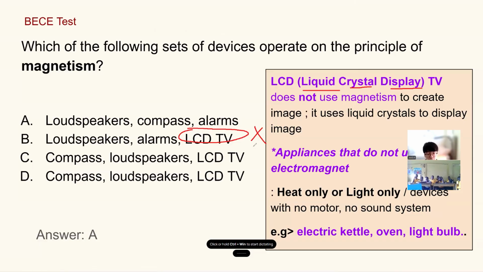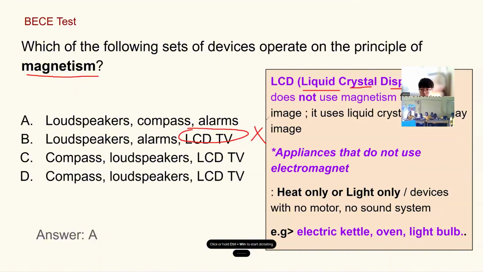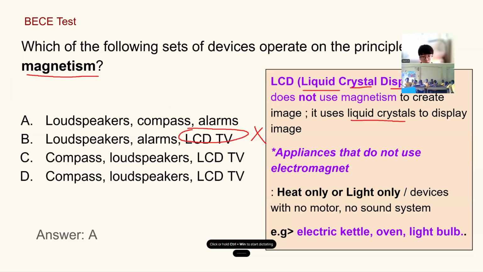Whenever you see an LCD TV option in a magnetism question, you know that it does not use magnetism. It just uses electricity, but it does not use that electricity to create a magnetic force. It just uses the liquid crystals to display the images.